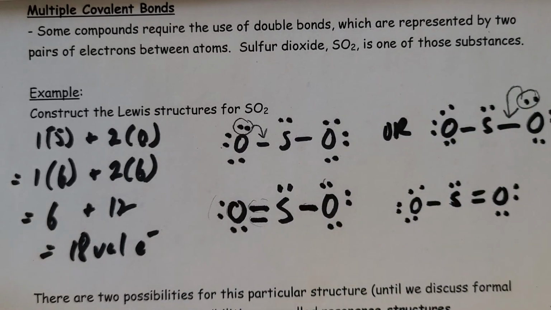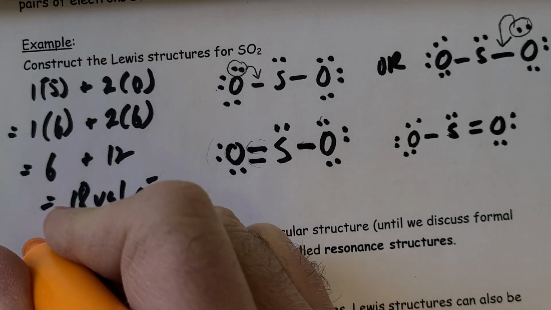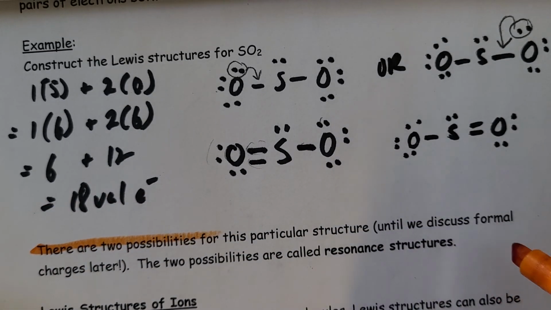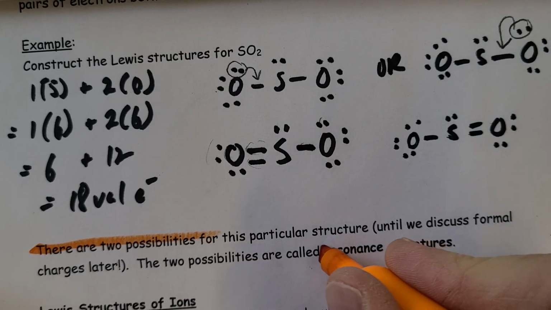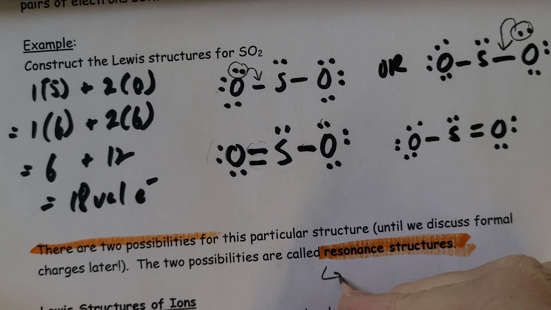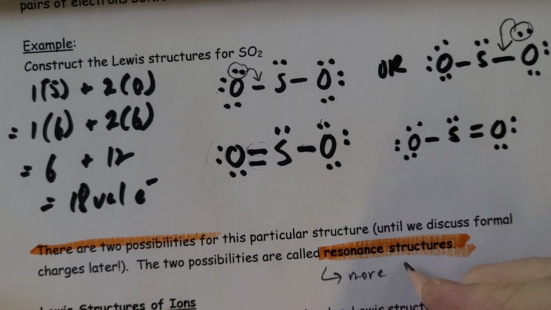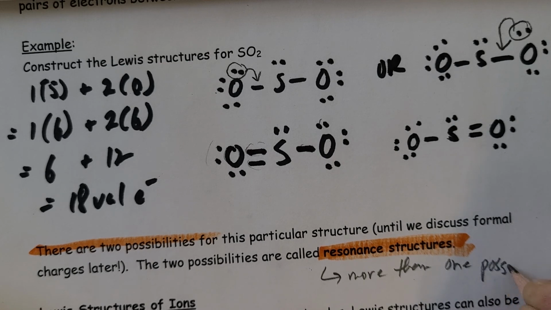So there's two possibilities. And if I look here, there are two possibilities for this particular type. And we'll discuss something later which will prove that. The two possibilities mean that this is referred to as a resonance structure. So a structure in which there is more than one possibility.